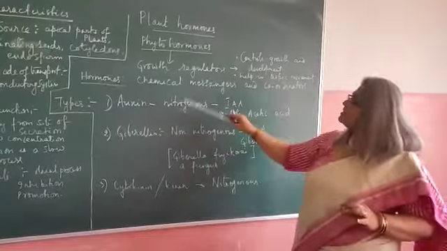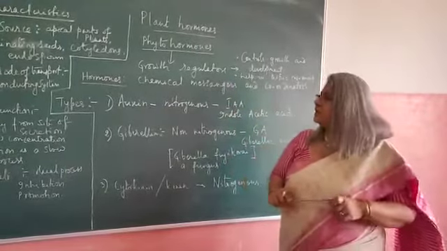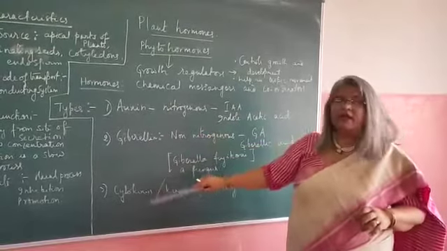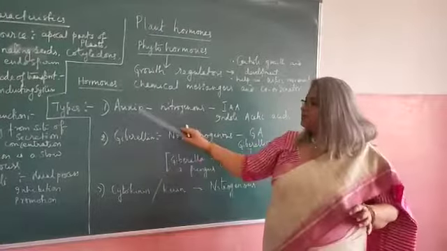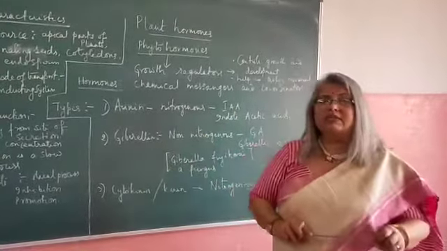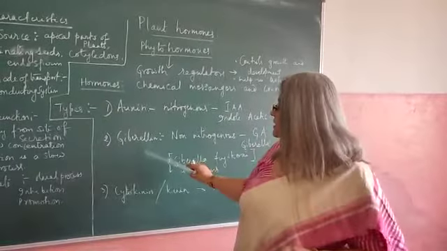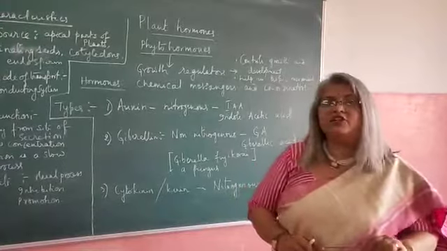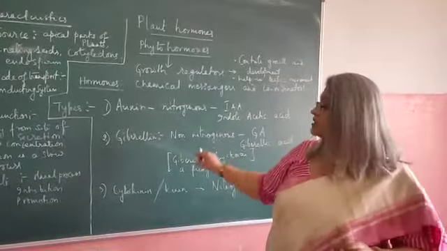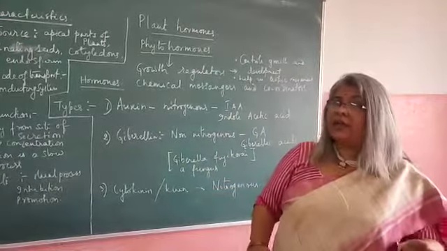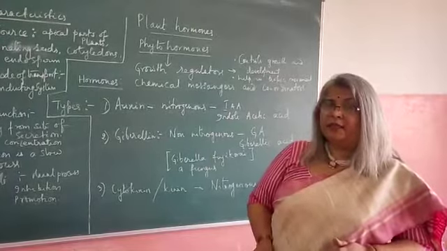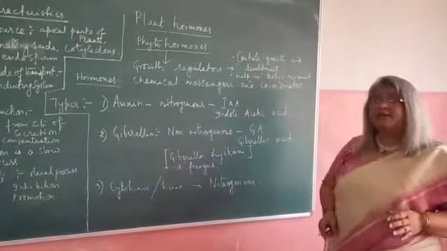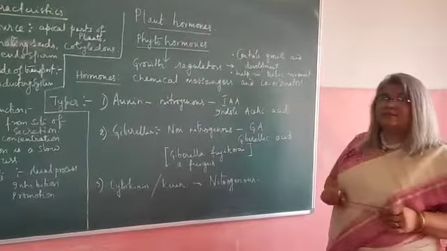Now, coming in detail to the phytohormones. In plants, we find three types of plant hormones. The first type is called auxin. The second type is gibberellin, and the third type is cytokinin. How are all these hormones chemically related? In chemistry you have learnt about different types of chemical substances.